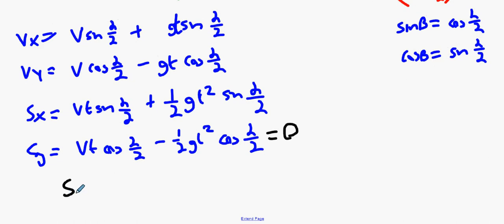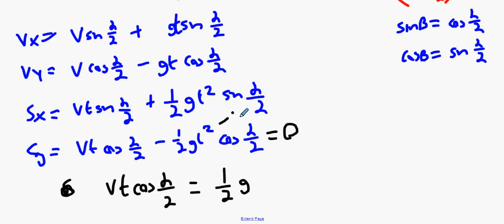Okay? And what this means is that V t cos alpha over 2 minus a half equals a half g t squared cos alpha over 2.